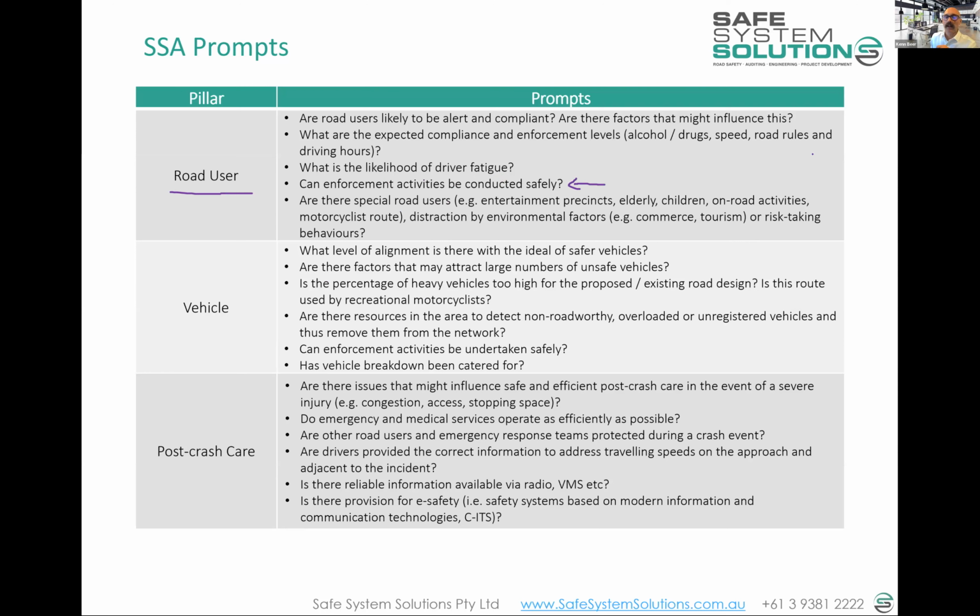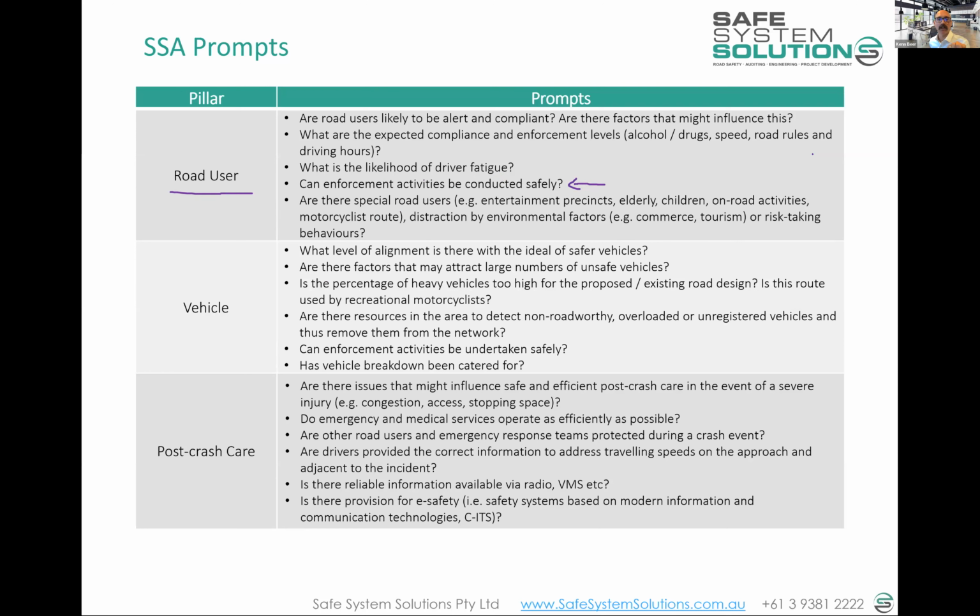You've got full containment barrier systems, which are giving really good scores in terms of reduction in the severity of incidents and the like. And we get these wonderful safe system assessment scores out of it. And then we maybe say, oh, well, but can we do enforcement anymore? And you might talk to Highway Patrol and they say, well, no, we've got nowhere to pull over now.